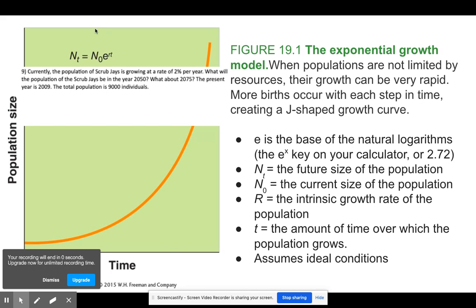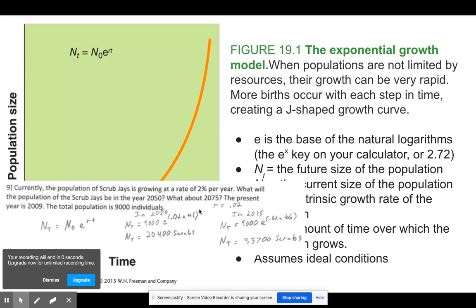All right, so the practice problem we have here is a population of scrub jays is growing at a rate of 2% per year. What will the population of the scrub jay be in the year 2050 and 2075? It tells you that the population is 9,000 individuals, and the year this problem was made was 2009, a long, long time ago.